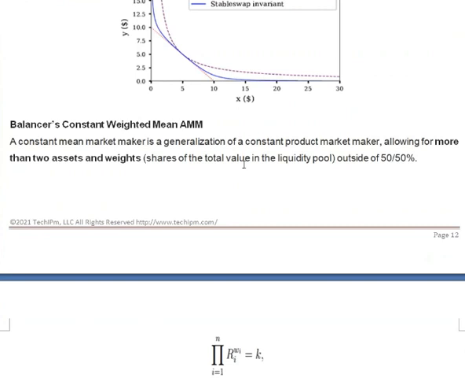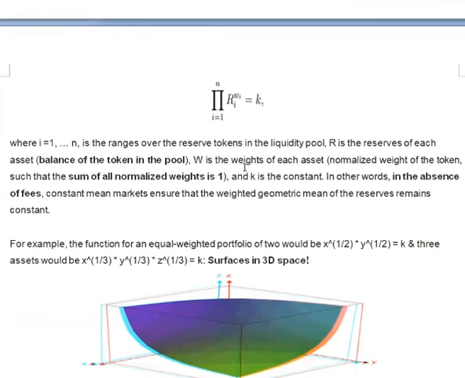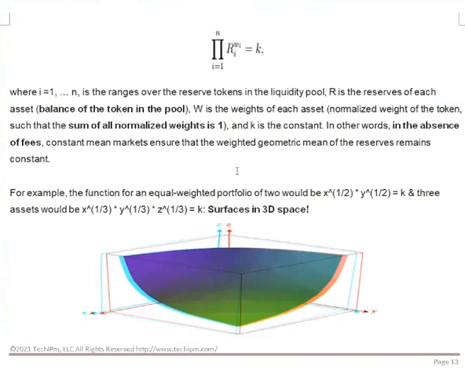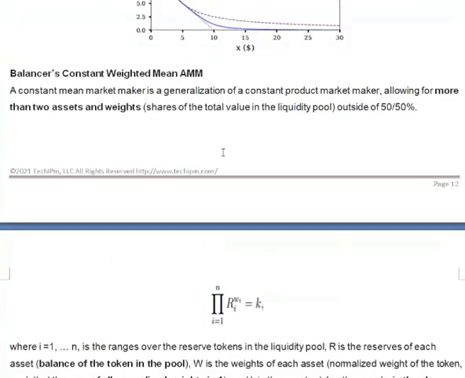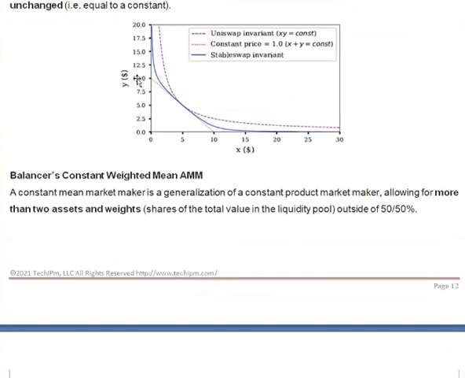AMM. This is a recent one, but very powerful because of some formula. You can look at it in their white paper, but the beauty is that they can use many tokens. For example, the traditional liquidity pool only has 2 tokens in one pool, and their ratio is 50 to 50.